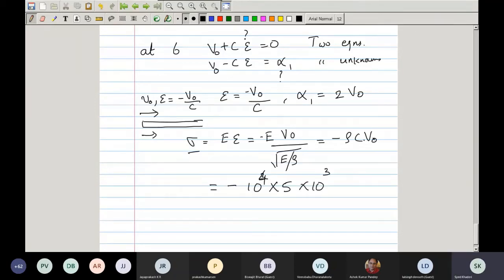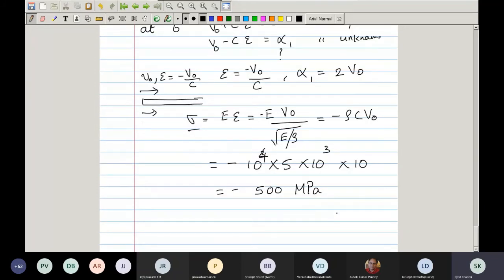Velocity is going to be about 10 meters per second. So it's minus 500 megapascals. Okay, so this is the stress which you typically apply when you hit a bar.